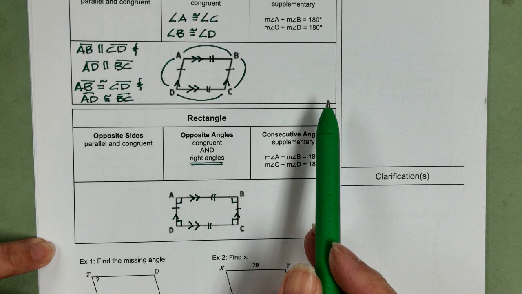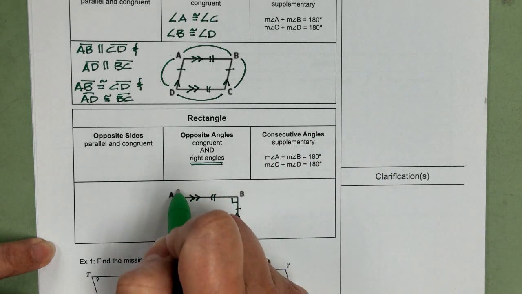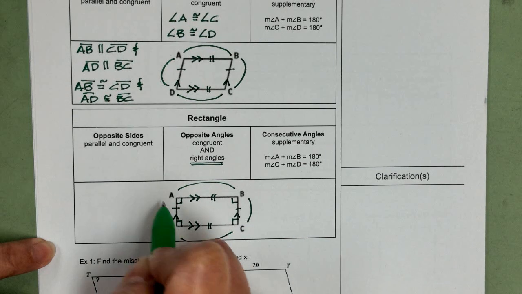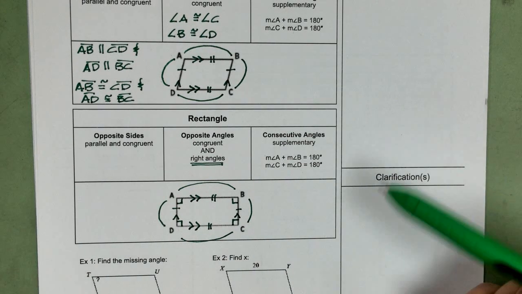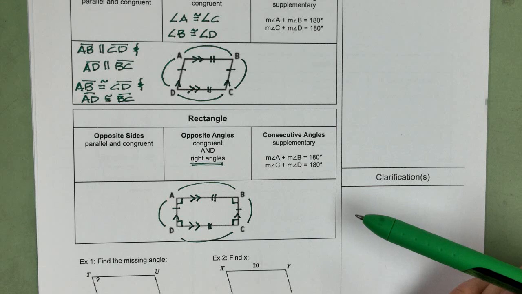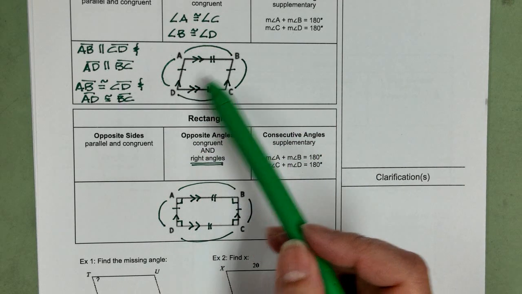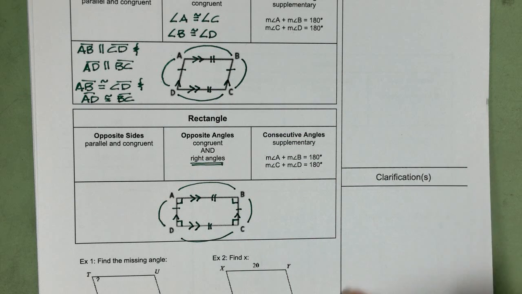And just like in a parallelogram, consecutive angles are supplementary. So again, parallelogram and rectangle, the only difference is that a rectangle has 4 right angles and a parallelogram only has opposite angles that are congruent.